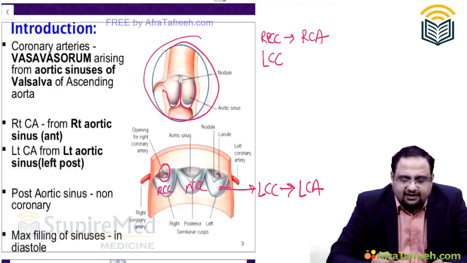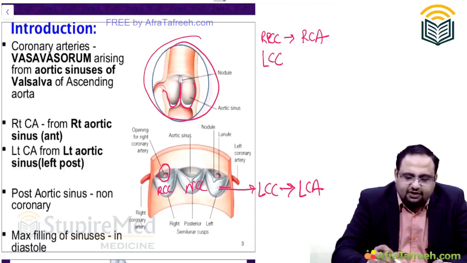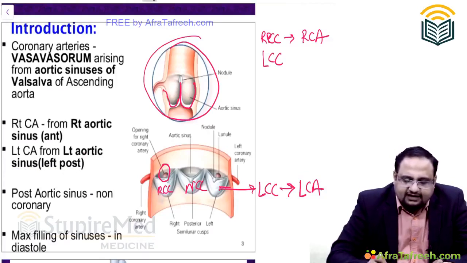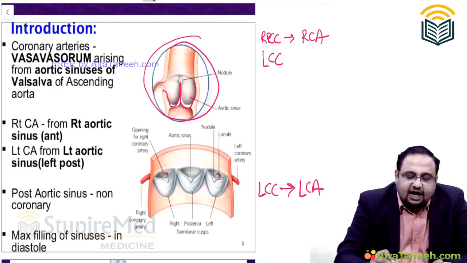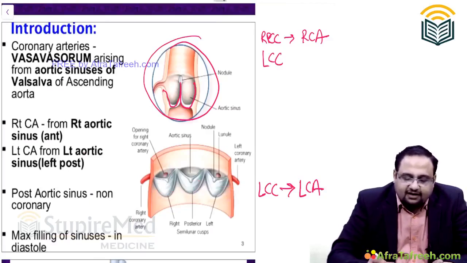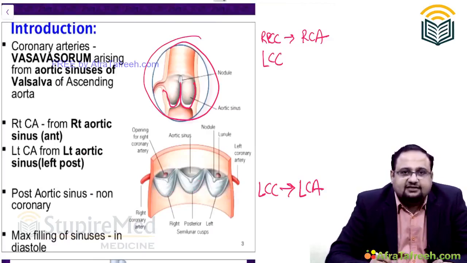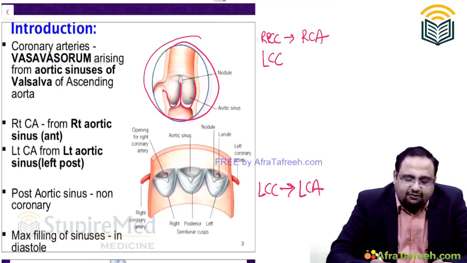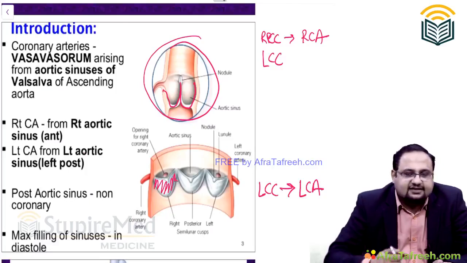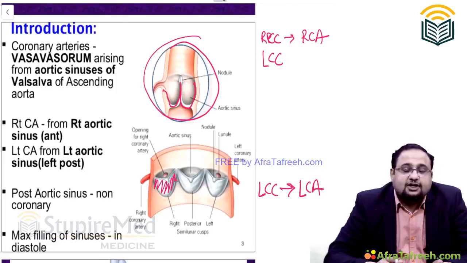These cusps are like kangaroo bags where the coronary arteries arise. These cusps form the sinuses, the coronary sinuses of Valsalva.